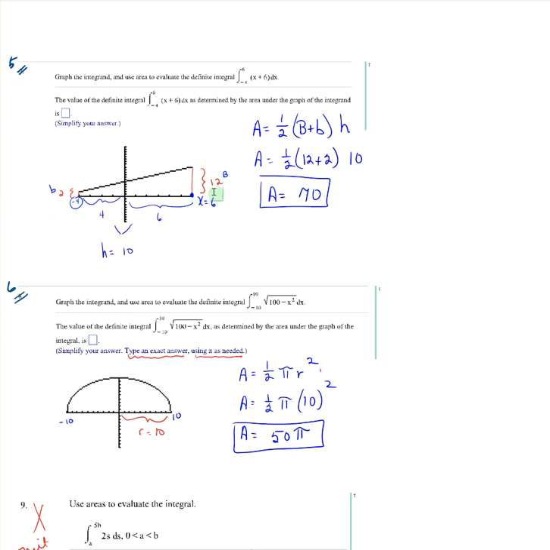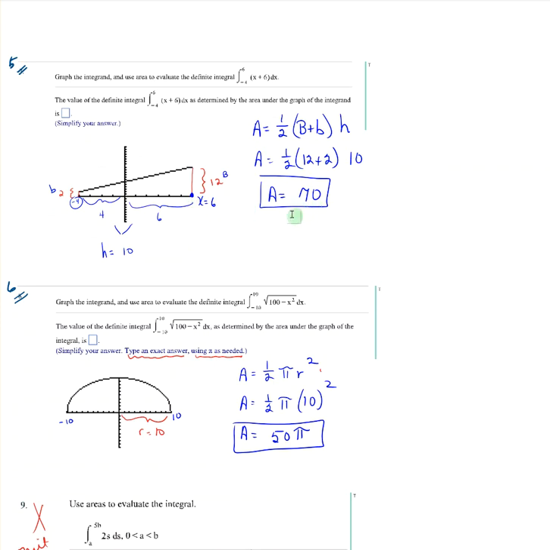This is 12. The area of a trapezoid is 1/2 the sum of the bases times the height. So you have to think of this as a trapezoid turned sideways. So the base here, this is the big base, this is the little base, this is the height. So 1/2 of 12 plus 2, and then times 10, which is the height, and you get 70.